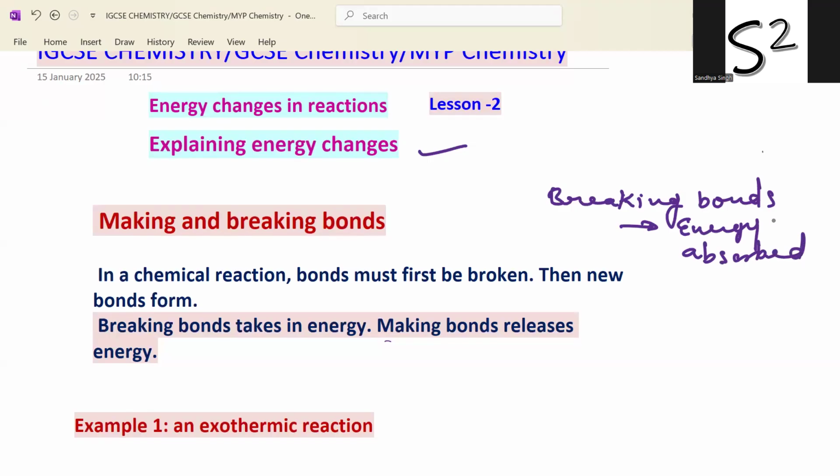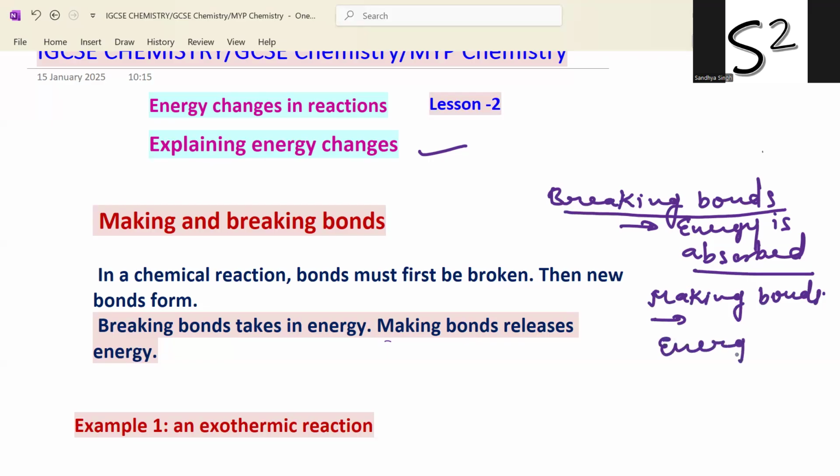Energy is absorbed during the bond breaking process, and energy is released when new bonds form. So making bonds, energy is released.